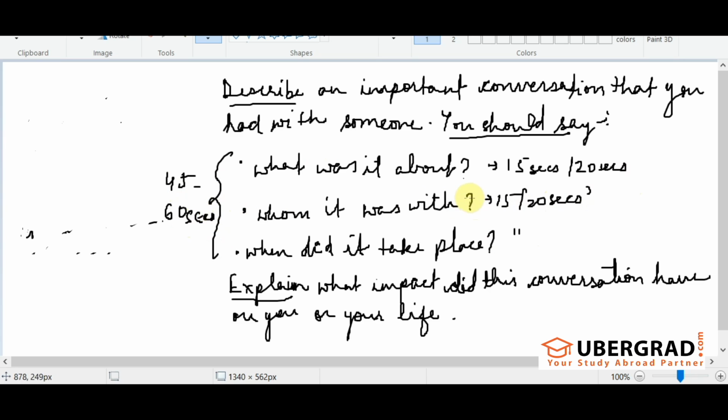Now what do I mean by this? Sometimes it will happen that you will be able to speak for 40 seconds for one bullet point and 20 seconds for the other two bullet points. Even that is fine. So you can either make sure that the sum of the time that you're consuming for all the three bullet points is nearly 1 minute, or for each bullet point you can spend 15 to 20 seconds, whichever is feasible for you.